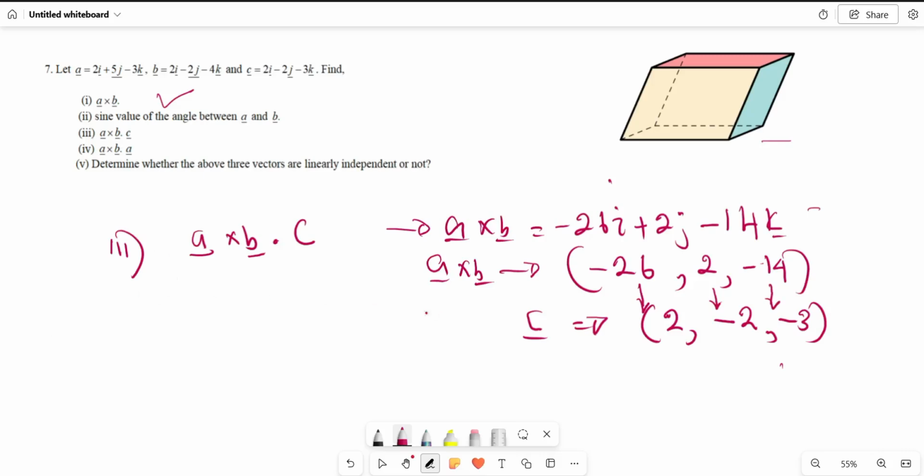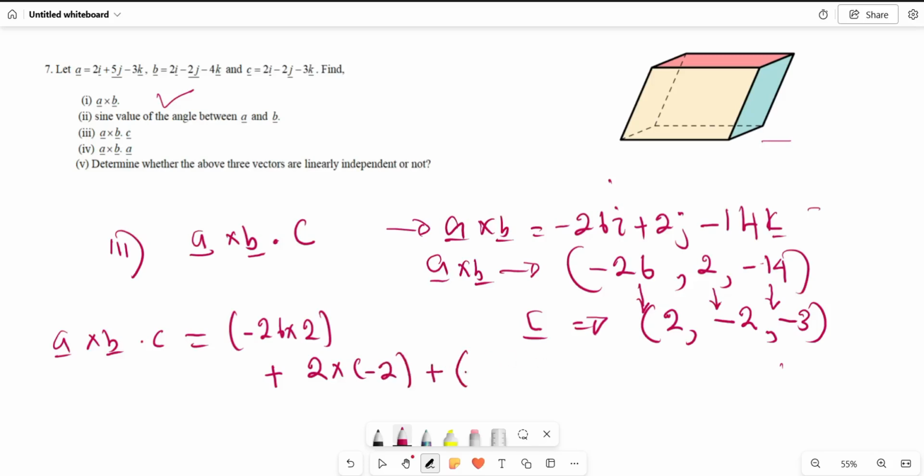So A cross B dot C means minus 26 into 2, plus 2 into minus 2, plus, now here minus 14 into minus 3. Now see what's the answer.